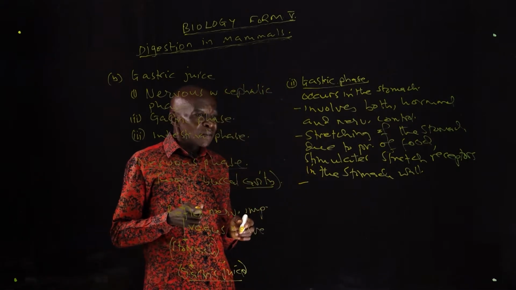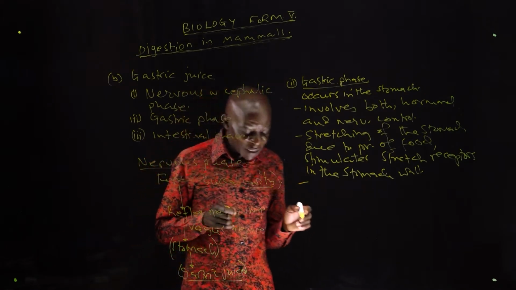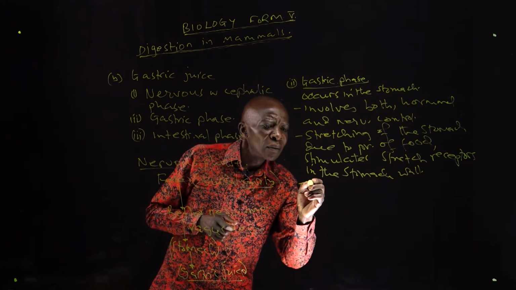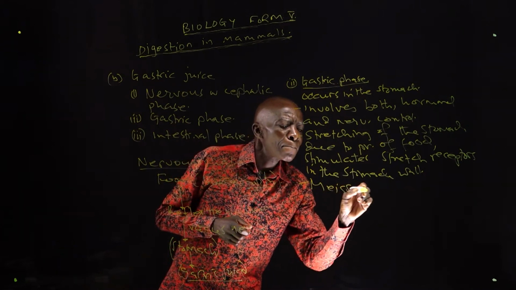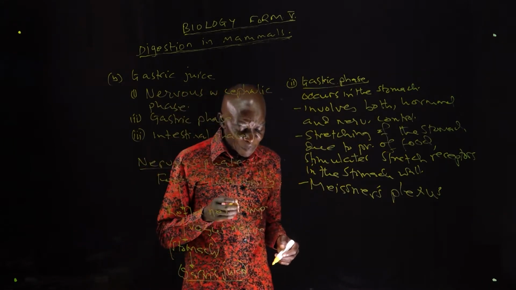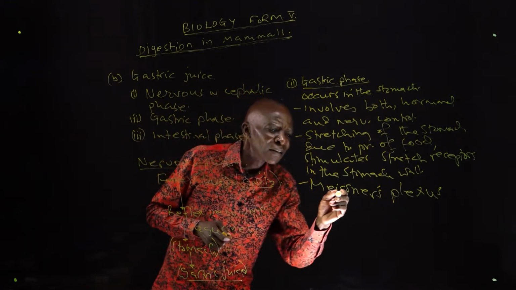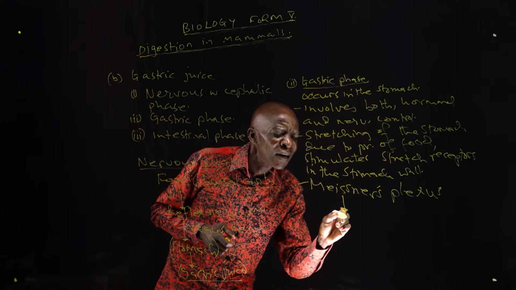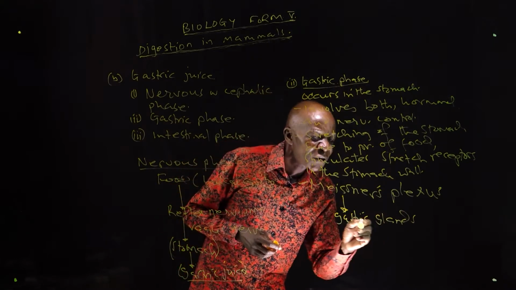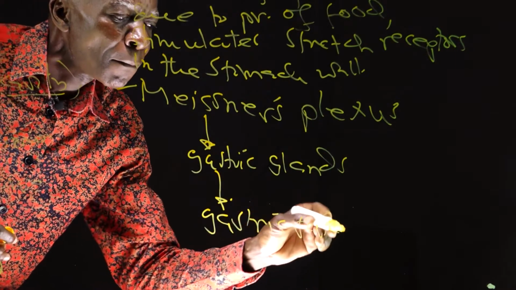So, the stretch receptors send the impulses to the Meissner's plexus, which in turn sends the nerve impulse to the gastric glands, that respond by releasing gastric juice.